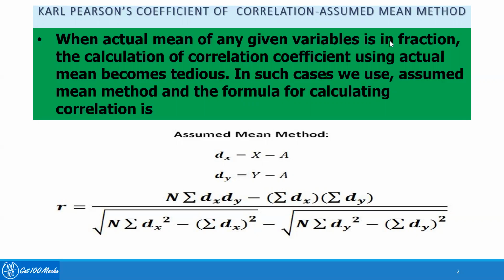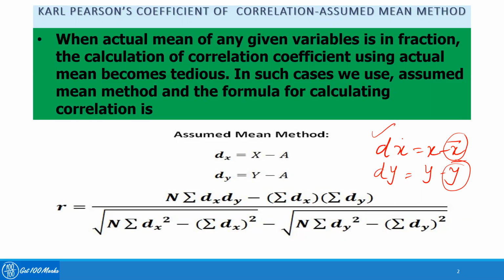Now, when we have two series of data based on two variables x and y, many times while calculating the mean, we can see that the mean values come out in decimals. And if the means are in decimals, then to calculate dx, which is x minus x bar, or dy, which is y minus y bar, the values of dx and dy will all be in decimals.